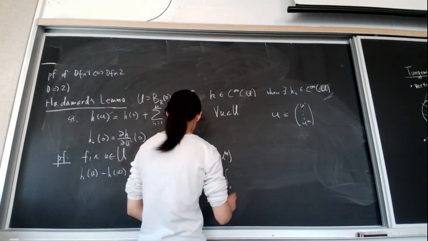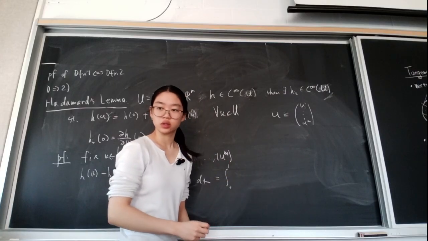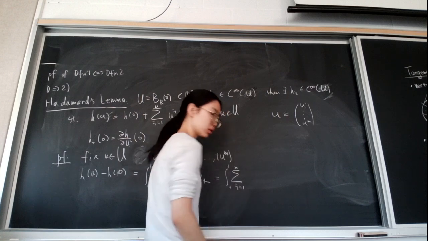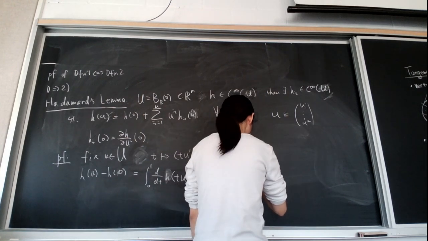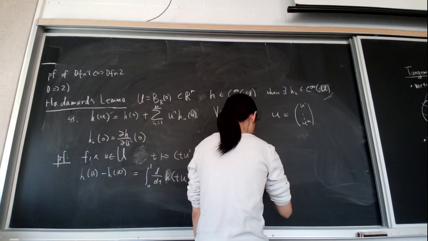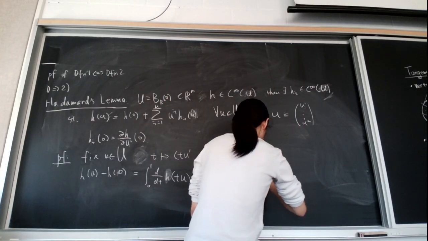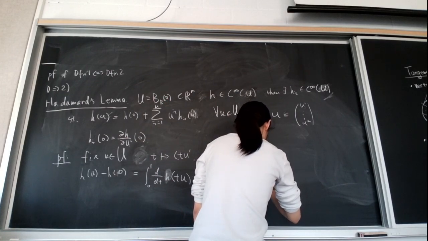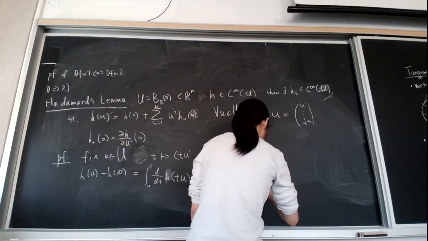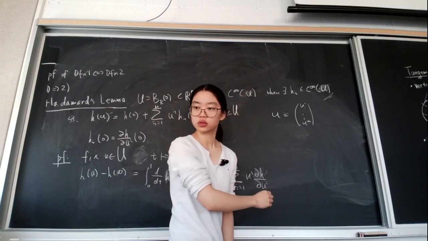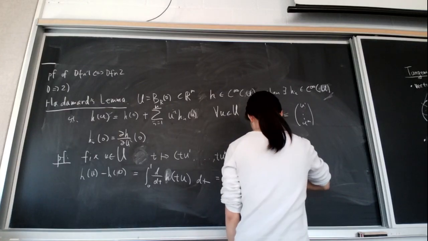So this is the integral from 0 to 1, sum from i equals 1 to n, partial h, partial u_i.